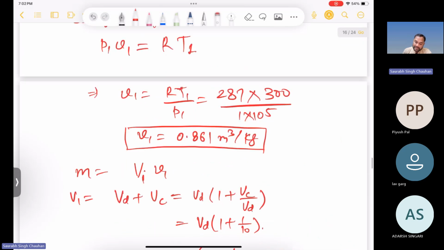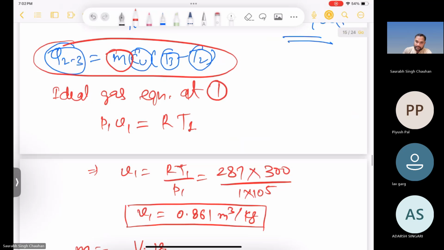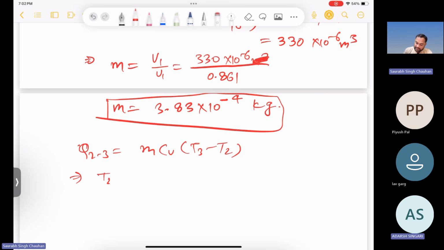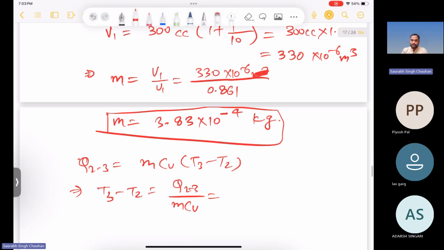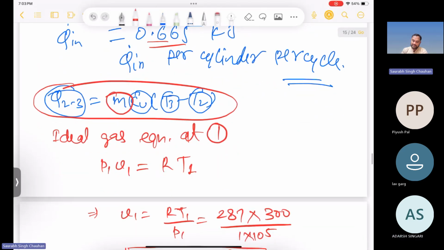Here we needed the mass. Q23 is equal to m CV (T3 minus T2). So T3 minus T2 will be equal to Q23 divided by m CV. Q23 we have already got: 0.665 per cylinder per cycle.